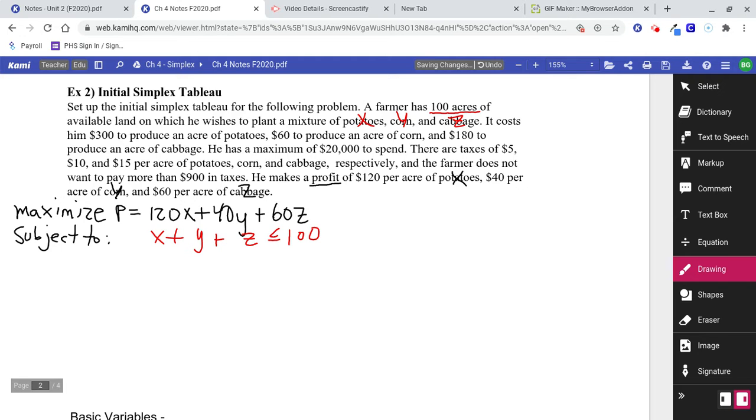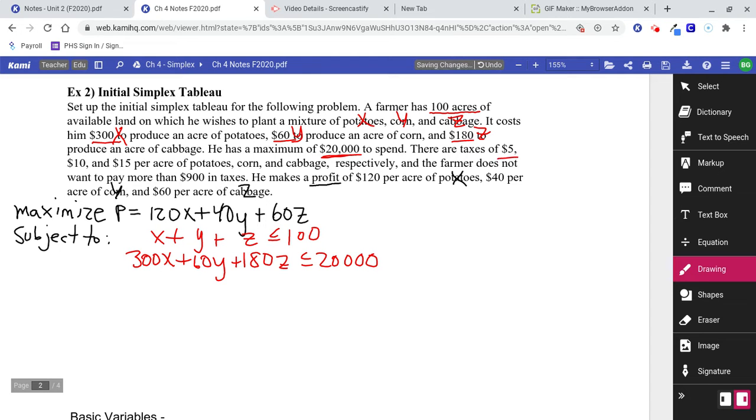As you keep going, it talks about cost for potatoes, corn, and cabbage, and it says he has a max of $20,000 to spend. So you can put those three things into one inequality: 300x plus 60y plus 180z is less than or equal to 20,000.